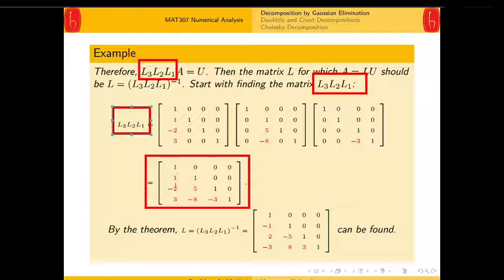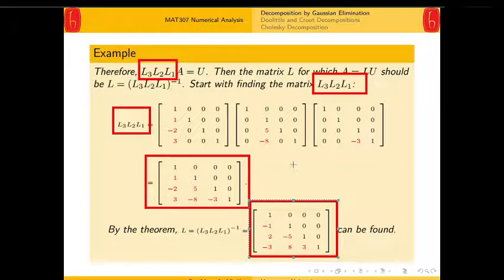So this will be -1, this will be 2, this will be -3. So this is what we get, and 5, -5, -8 to 8, and -3 will be 3. So this is our matrix L.